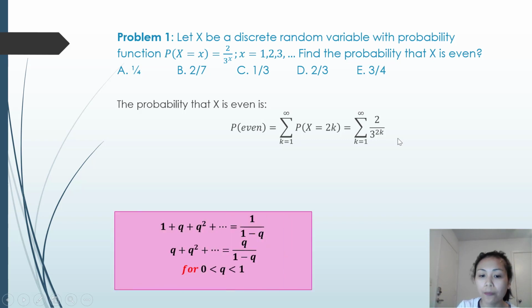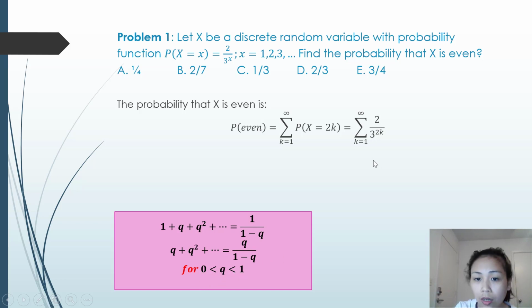To work on this summation, we need to recall 2 series formulas. The first one is 1 plus q plus q squared plus and so on, which is 1 over 1 minus q, and q plus q squared plus and so on is q over 1 minus q, for 0 less than q less than 1.